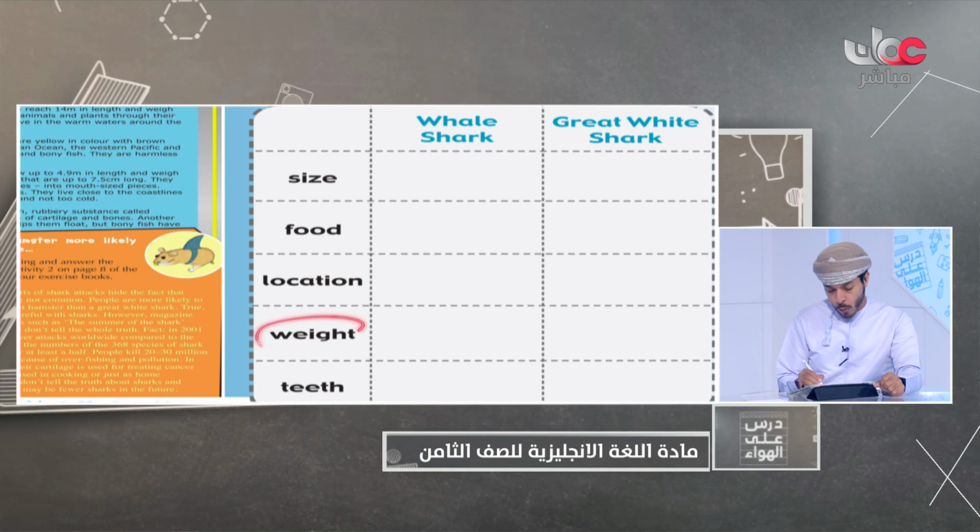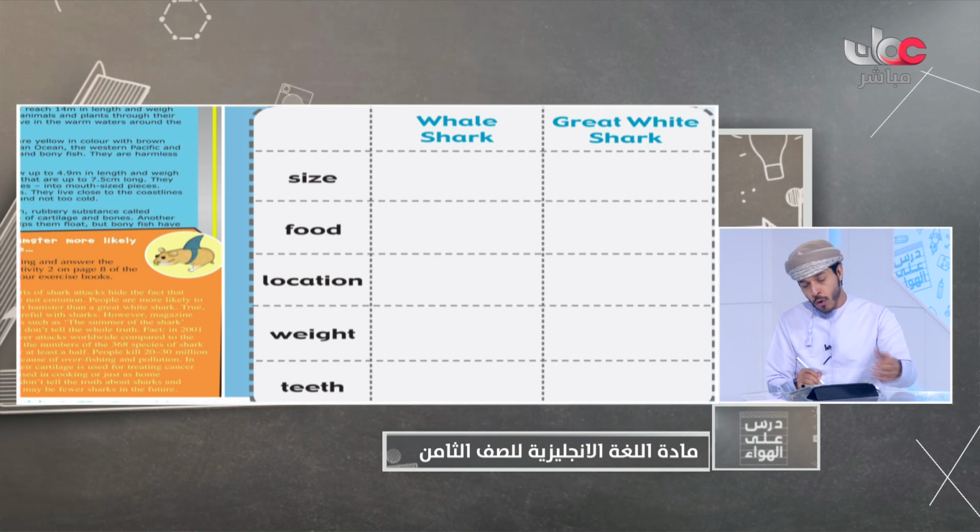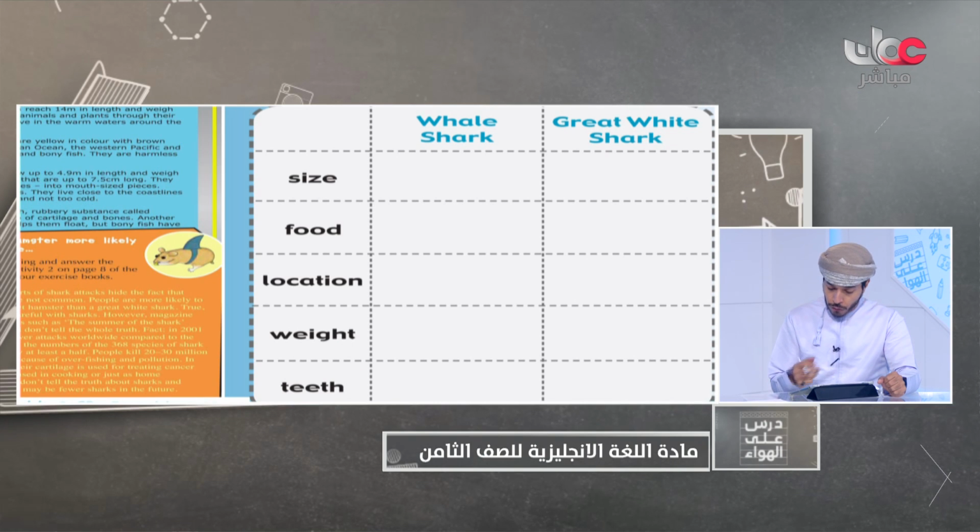For example, the weight of the whale shark and the weight of the great white shark. And the last one, we are going to talk about their teeth, the whale shark teeth and also the great white shark teeth. Good.